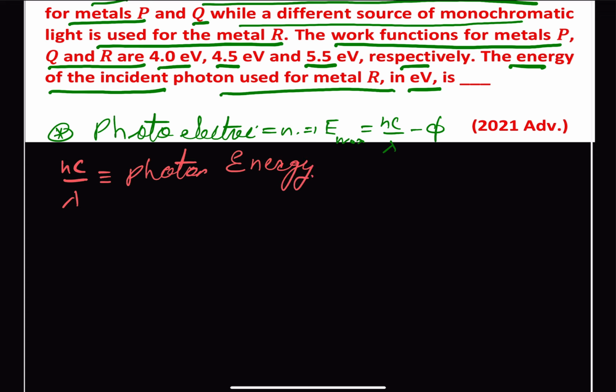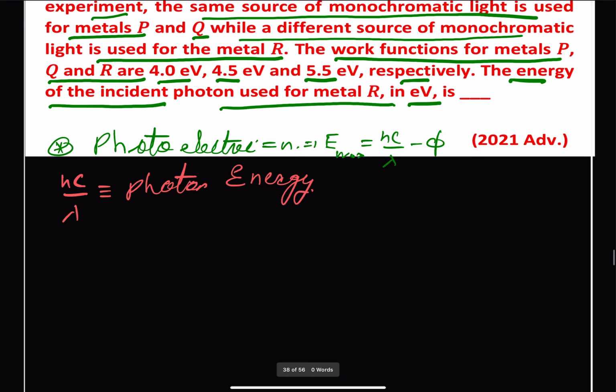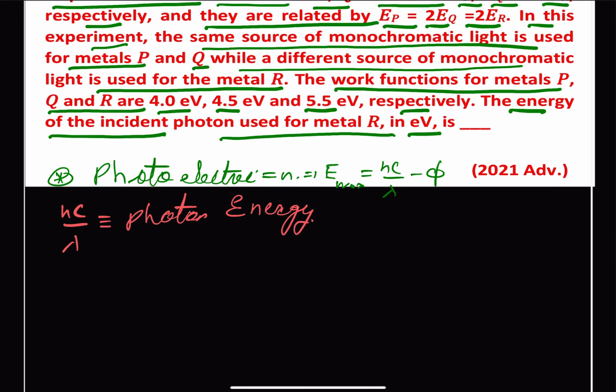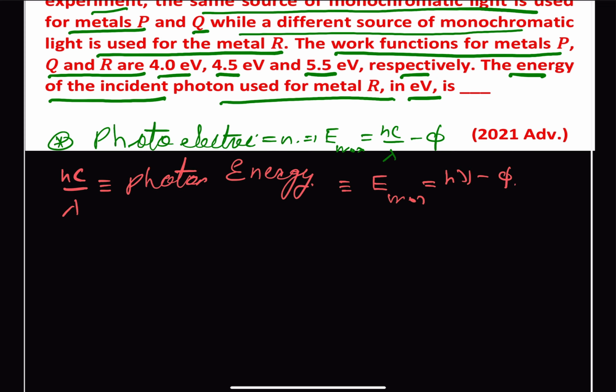So we are given that, let me write this in the form of frequency also. We can write that maximum kinetic energy will be equal to h nu minus phi, where nu is the frequency. So we are given that both P and Q are having same source.